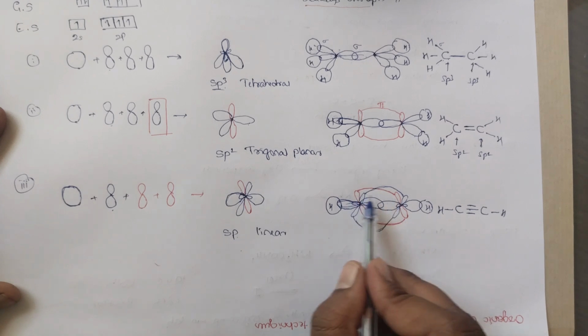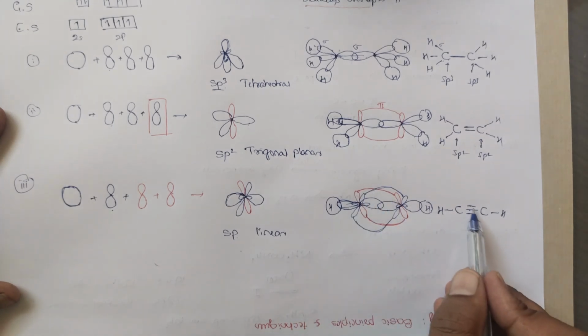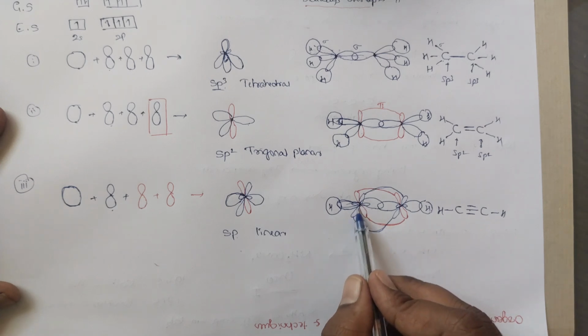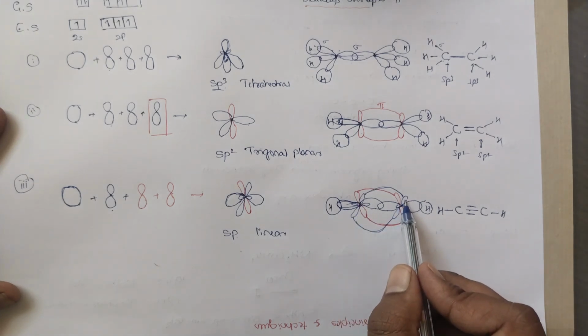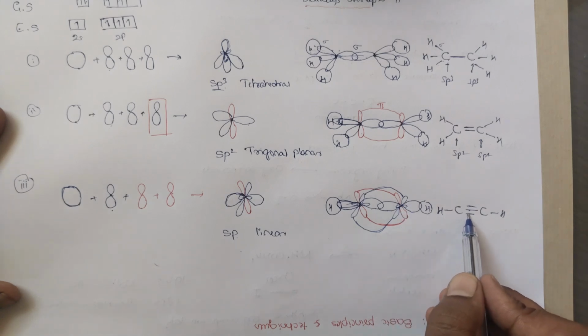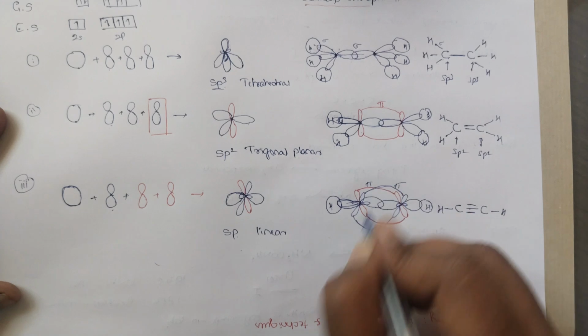This p orbital and this unhybridized p orbital overlapping form one pi bond. This unhybridized p orbital overlapping with another unhybridized p orbital forms another pi bond. Okay, this is one pi bond and this is another pi bond.